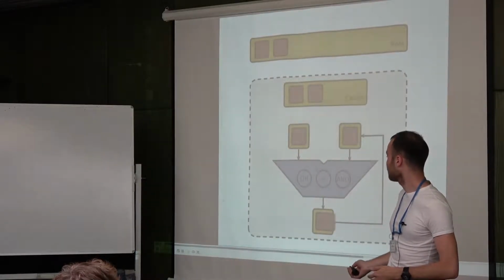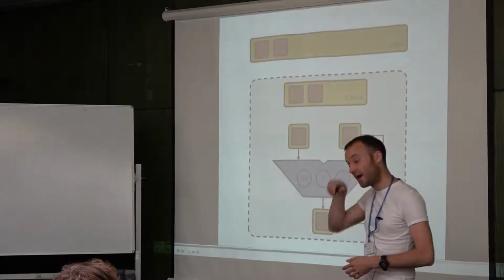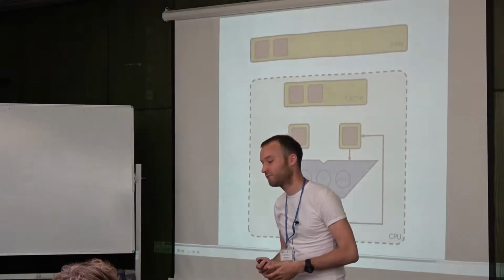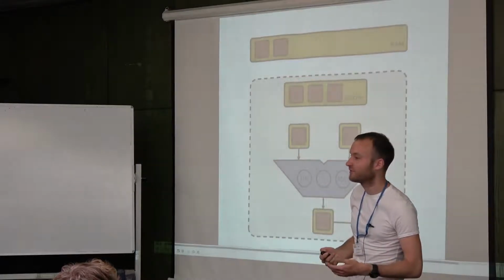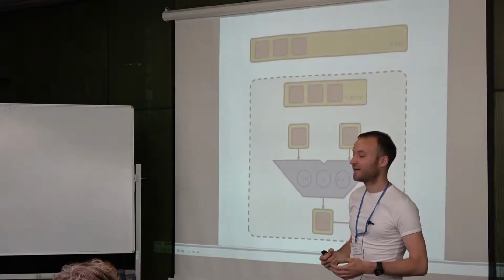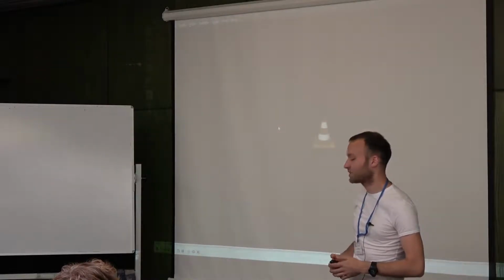Then we do the actual computation, and after that we have to store this back. So as we have seen in the previous exercise, most of the time data is just traveling and no computations are happening.